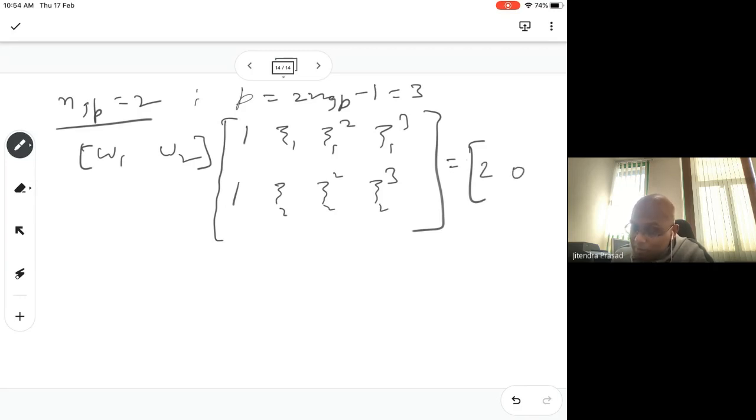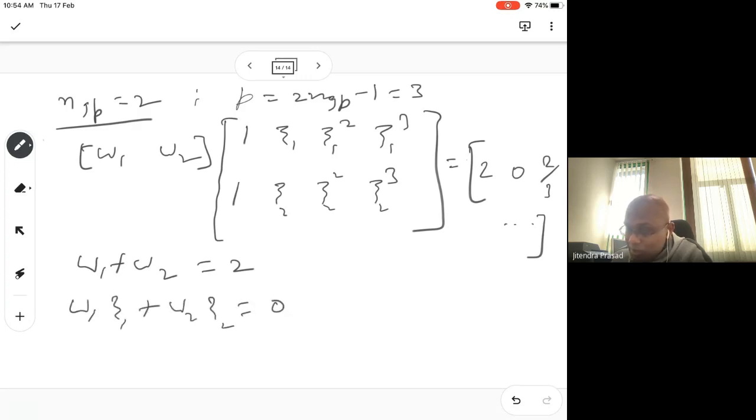So this multiplied with this, we should have 4 things here. So we got 2, 0, 2 over 3, and there will be something else as well that we have to calculate. Yeah. So looking at it, we can find out the equation. So we have W1 plus W2 is equal to 2. These are the equations, right? Then W1 xi 1 plus W2 xi 2 is equal to 0.